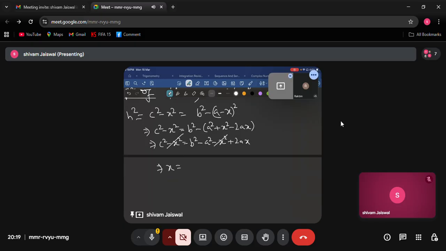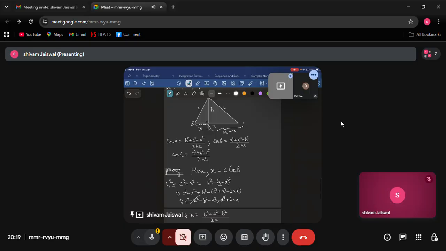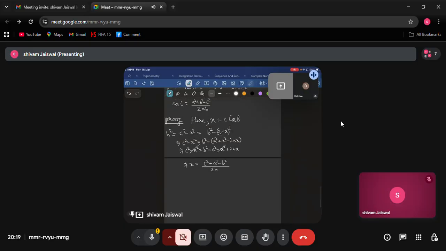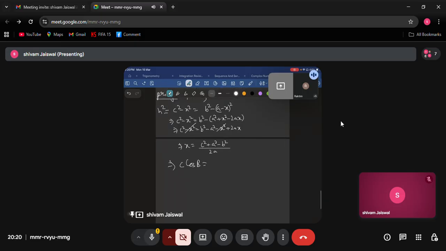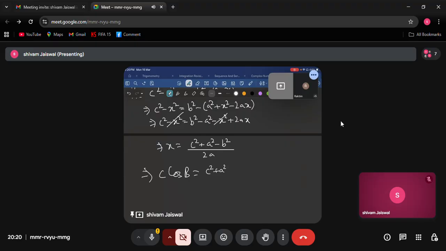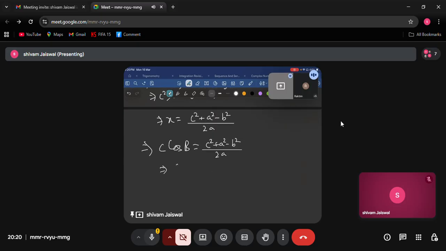From here, x is equal to (c square plus a square minus b square) upon 2a. Now, what is x, everyone? x equal to c cos B. So substitute. This implies c cos B is equal to (c square plus a square minus b square) upon 2a. This implies cos B is equal to (c square plus a square minus b square) upon 2ac. Okay. Hence proved.